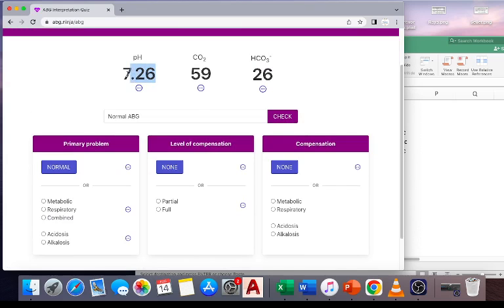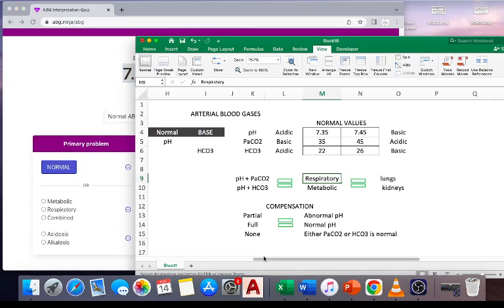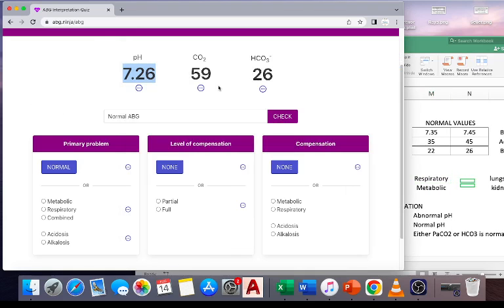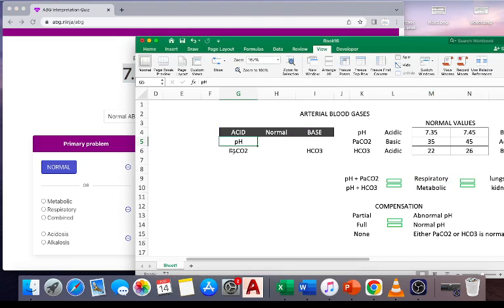The pH is 7.35, this is acidic. The CO2, normal is 35 to 45, and this is 59, so this is also acidic.